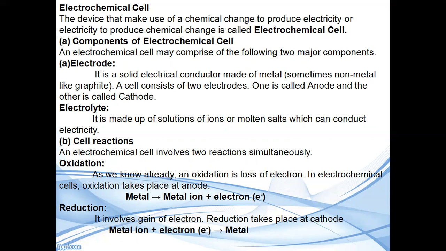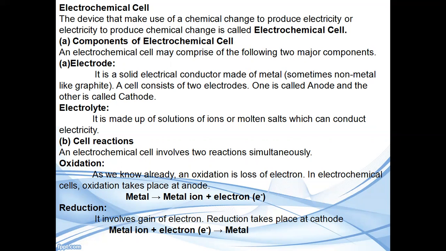For example, metal loses electrons to give a metal ion plus electrons. Then the other reaction is reduction. Reduction means nothing but gain of electrons. Metal ion plus electron gives metal.